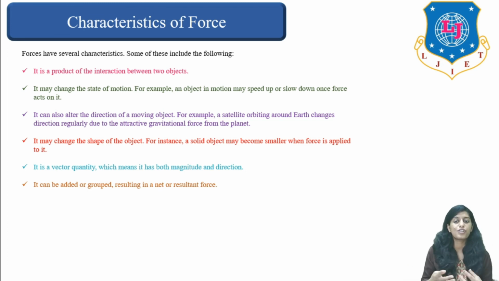Force has potential to change shape of any objects, right? Most important is force is a vector quantity. That means it has a magnitude and it has a direction. And the last one is force can be added or grouped into an equivalent resultant force.